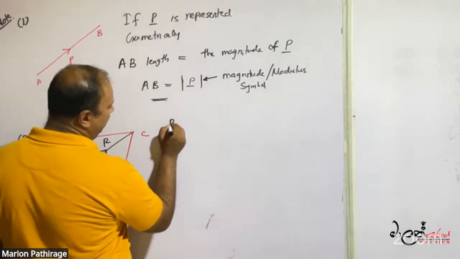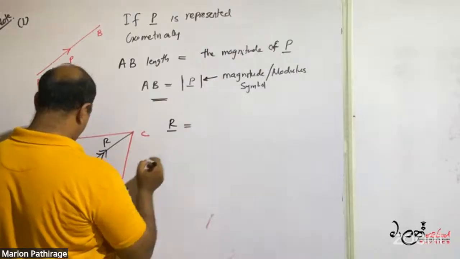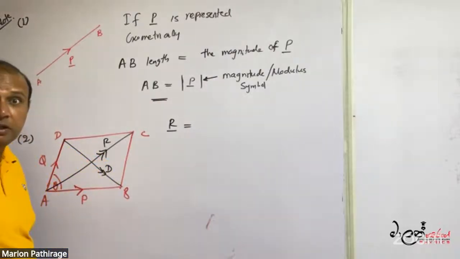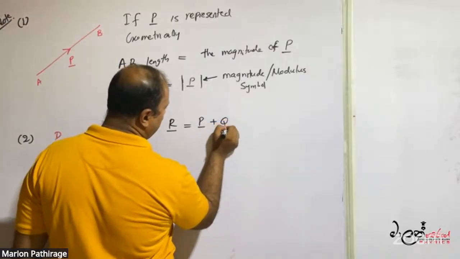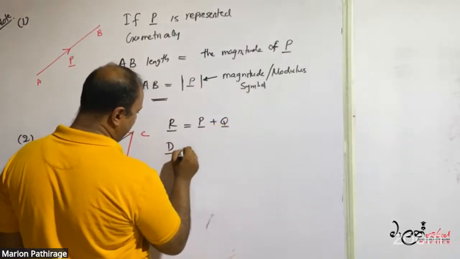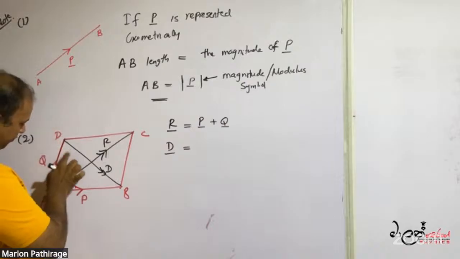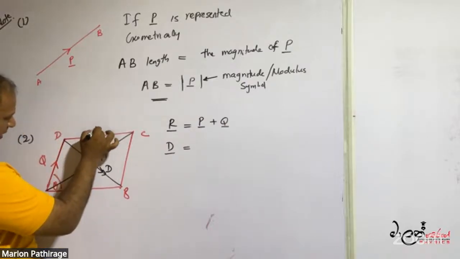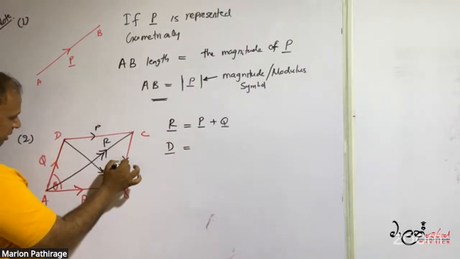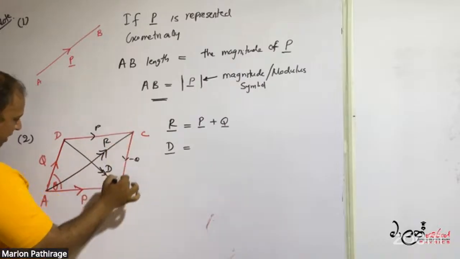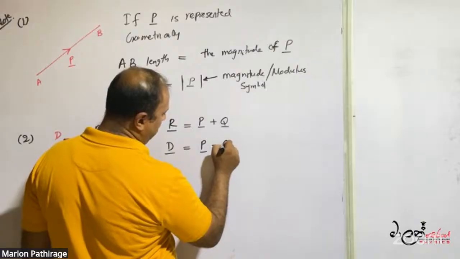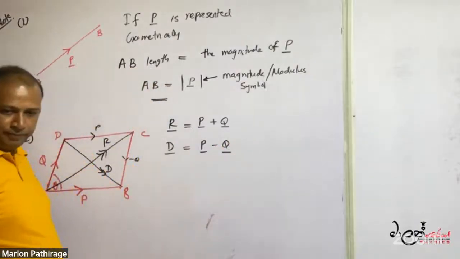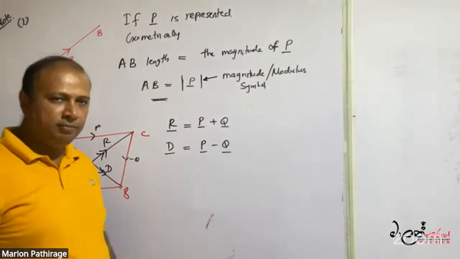Therefore the resultant vector is P vector plus Q vector, and the difference vector is P minus Q.